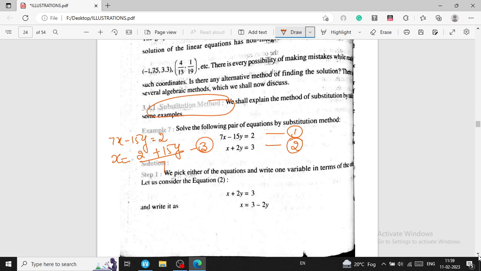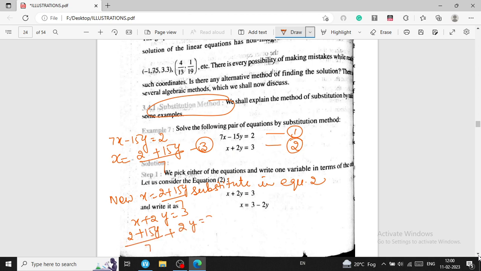You can write here this is your third equation: x is equal to 2 plus 15y over 7. Substitute in equation 2. Equation 2 is x plus 2y is equal to 3. We write in place of x, 2 plus 15y over 7, then plus 2y is equal to 3.